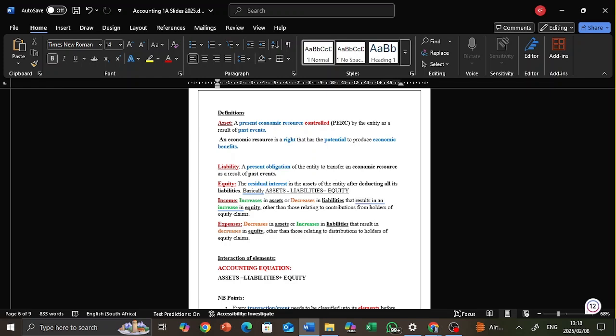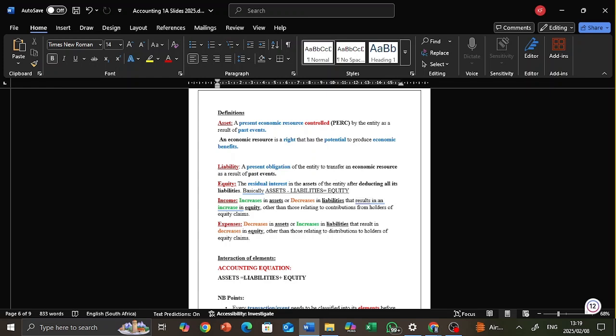Okay. An asset is a present economic resource controlled by the entity as a result of past events. So then you would say it is an asset because this vehicle is now a present economic resource controlled by the entity. You would have to state the entity that is taking control of this asset, right?